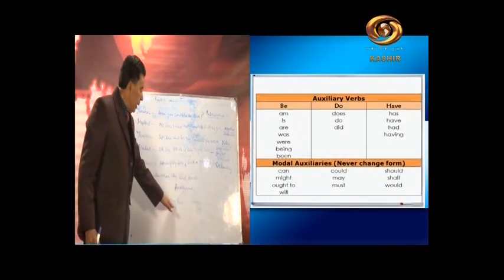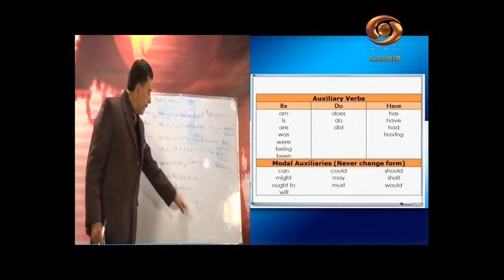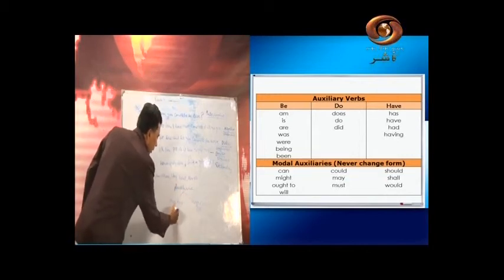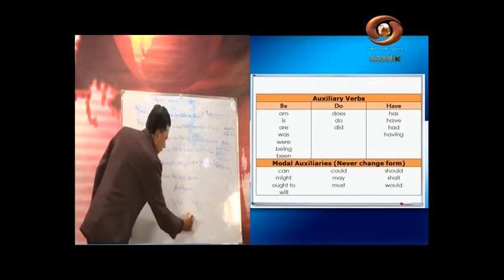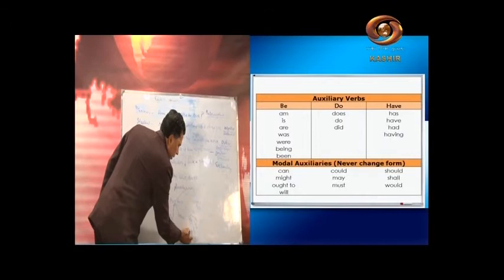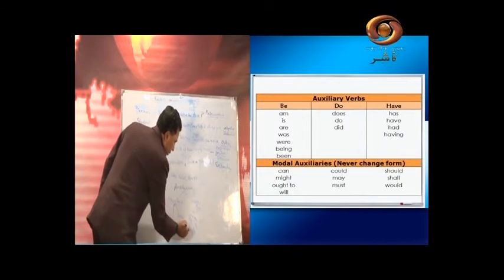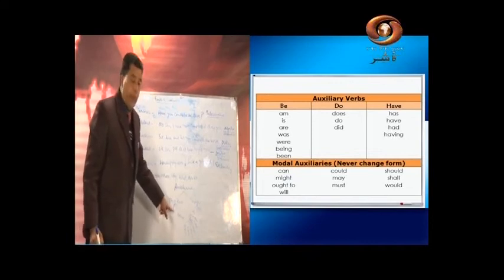For example, do, does and did. Then the second primary auxiliary, the have form: have, has and had. Then in the be form we use is, am, are, was, were, being and been. We use these primary auxiliaries for questions.